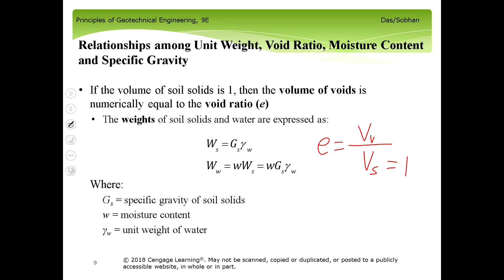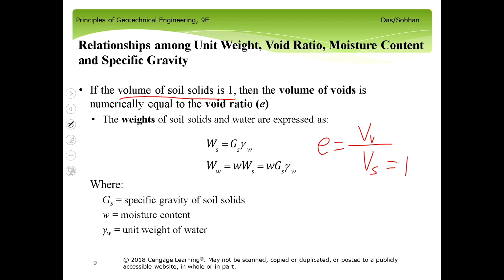You may ask, why is this 1? If it is 2, can we calculate that? Yes, of course you can calculate it. Because if this is 1, then Vv equals the void ratio. If this is 2, that is 2 times the void ratio. So it is actually the same. This is why we use a unit solid volume. Why do we consider the volume of the solid to be 1? Because as long as this is 1, the Vv equals the void ratio.